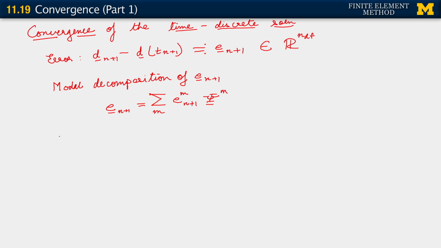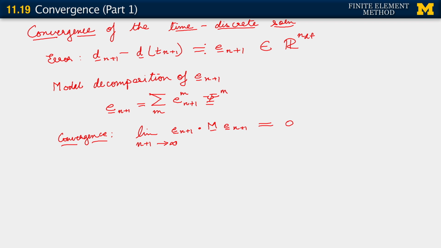We say that our solution has converged if, in the limit as n plus 1 tends to infinity, as we take more and more steps, what we expect to see is that E n plus 1 dotted with M E n plus 1 equals 0. That limit is 0.